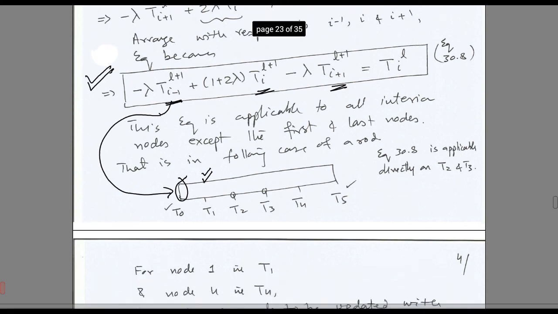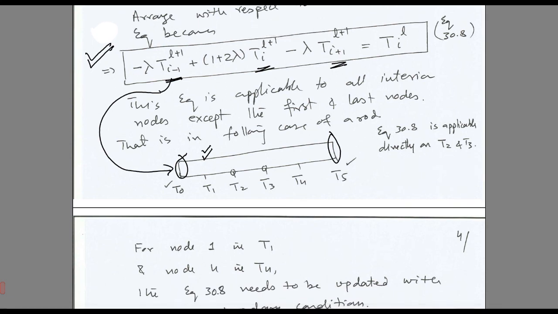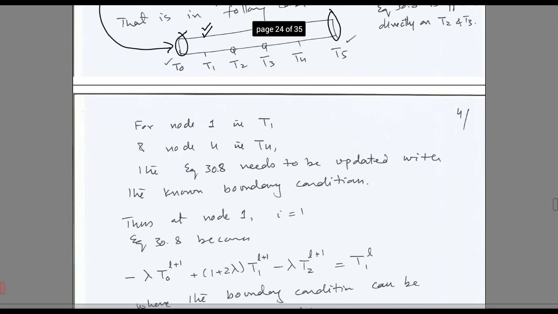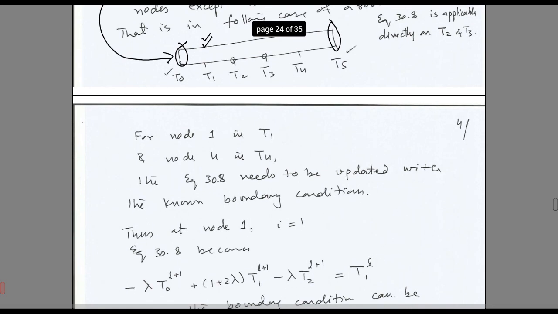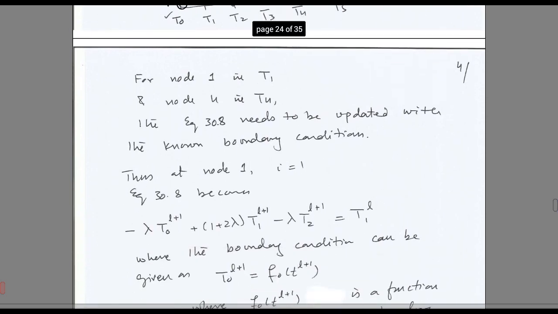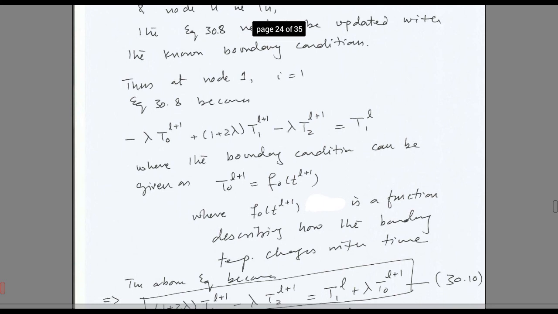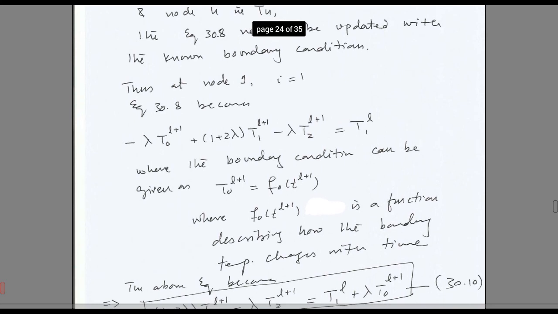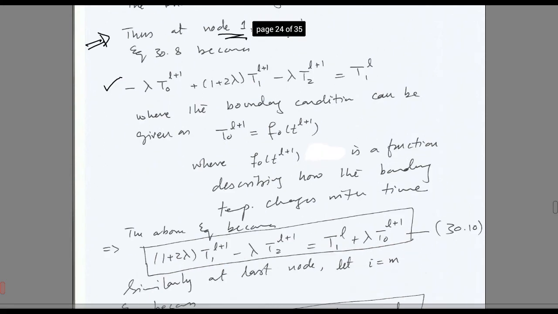Of course, because these 2 points are directly known to us, so we need to take them to the other side. So for node 1, that is T1, and node 4, that is T4. Next, at node 1, i equals 1, and the equation becomes like this.